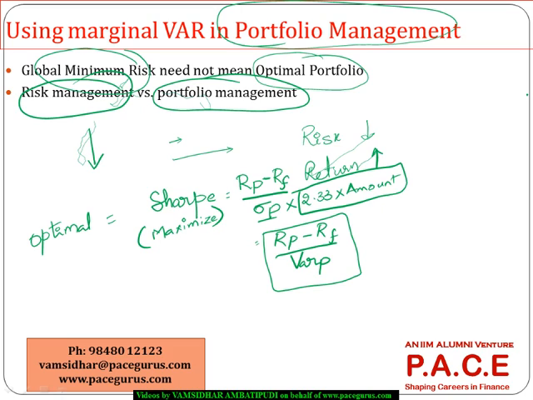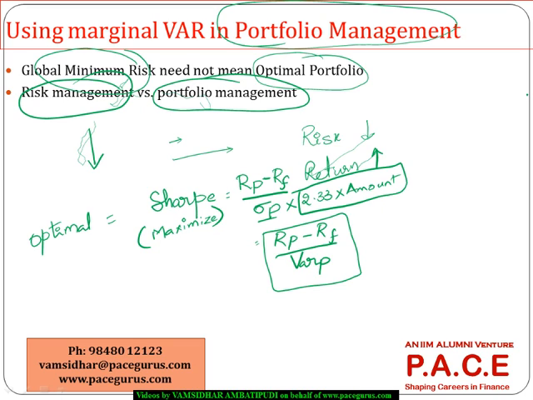So that is the clear difference we have to understand between risk management and portfolio management. So though I am ready to take a slightly additional risk, it should compensate me with a very high additional return, which should result in my Sharpe ratio being maximum. Sharpe ratio is maximum at the same time means even if I take the VAR of the portfolio in the denominator instead of the standard deviation, it doesn't make any big difference.